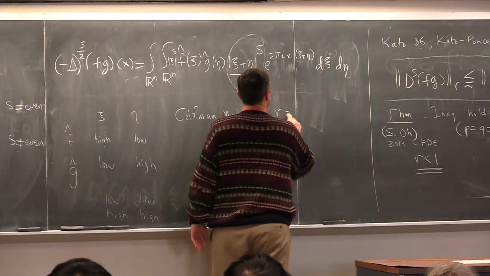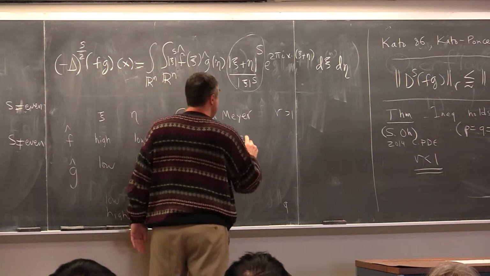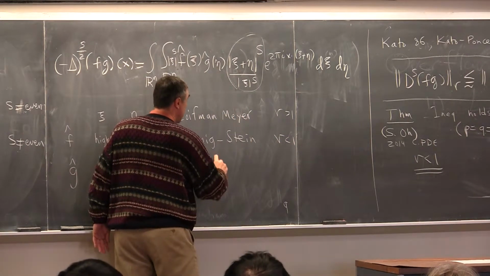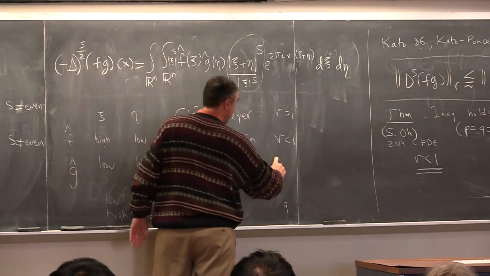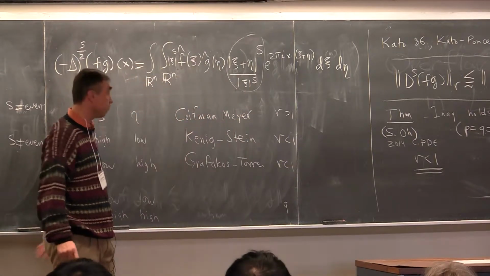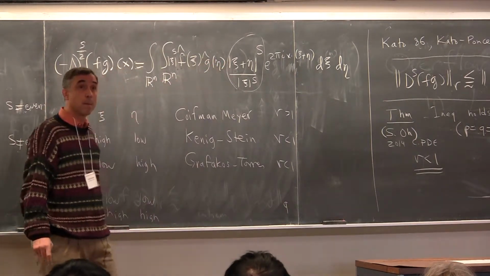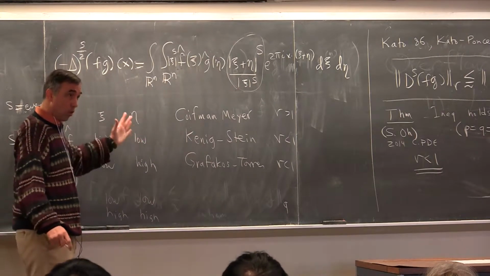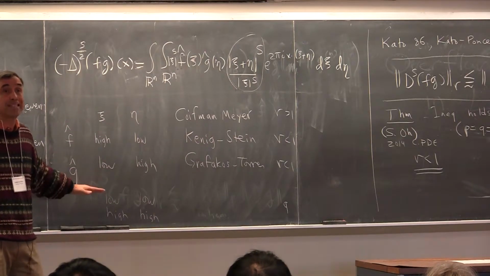They did it for r bigger than 1. And the case for r less than 1 was in a paper by Kenig and Stein, and independently by Torres and myself. So this is the same theorem, but independently done. We did not know they were doing it, and vice versa. So this will handle the case where it's high-low or low-high. And then you're left with the difficult case where xi and eta have the same order.